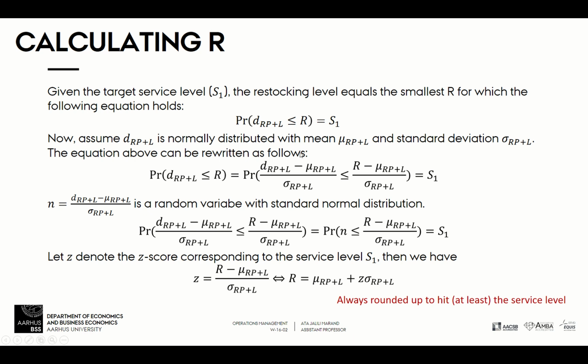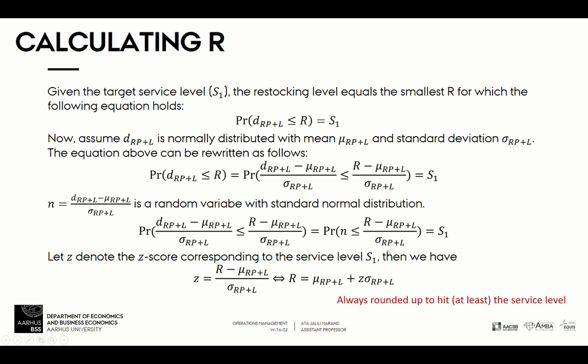The discussions and argumentations are just the same as we did for the continuous review system, except for the interval that we are considering. There we considered the lead time, but here we are considering Rp plus lead time.